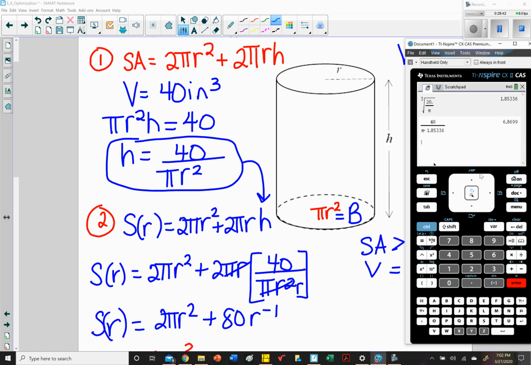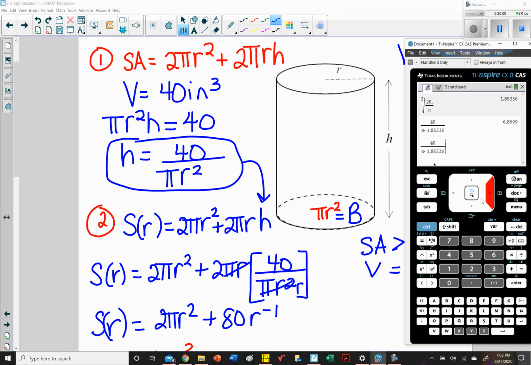Whoop, I missed the square. Let's copy that. Paste that. And go downstairs and look.